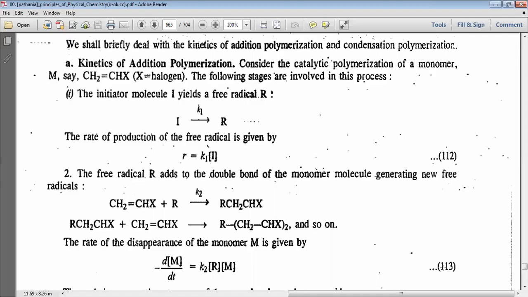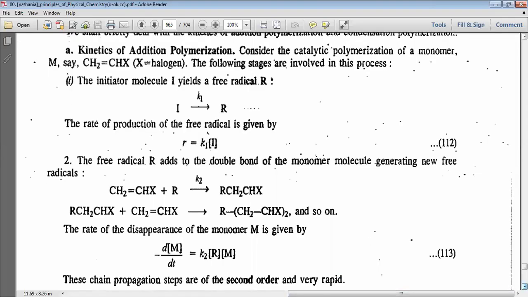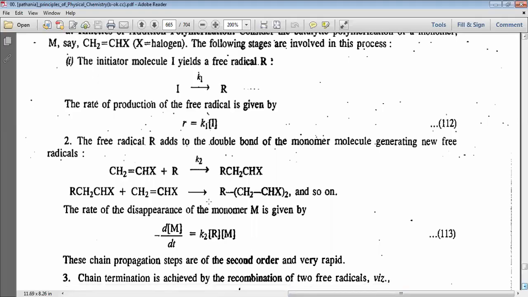The rate of the disappearance of monomer is given by, here monomer is converted to another radical, then that radical reacts with another new monomer to form another radical. In that way, the chain is continuously growing.